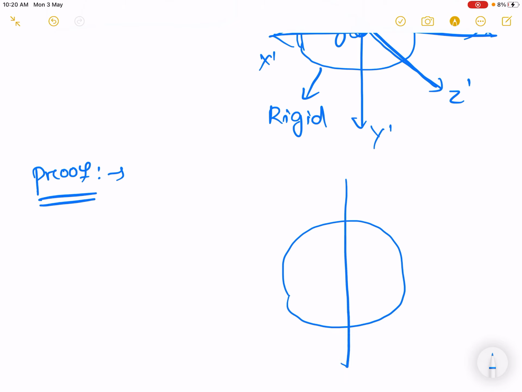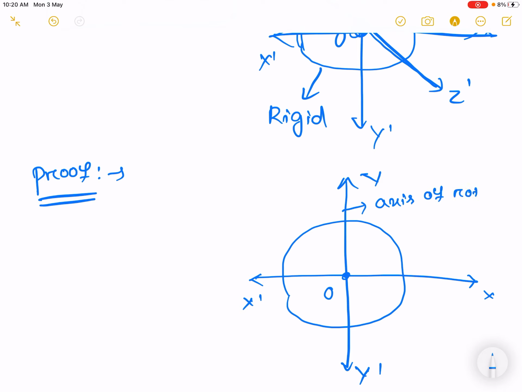This is the axis of rotation passing through center. This is another axis x dash. This is our axis of rotation passing through.